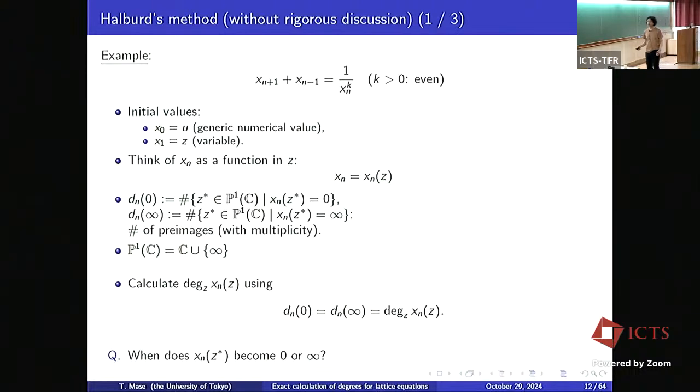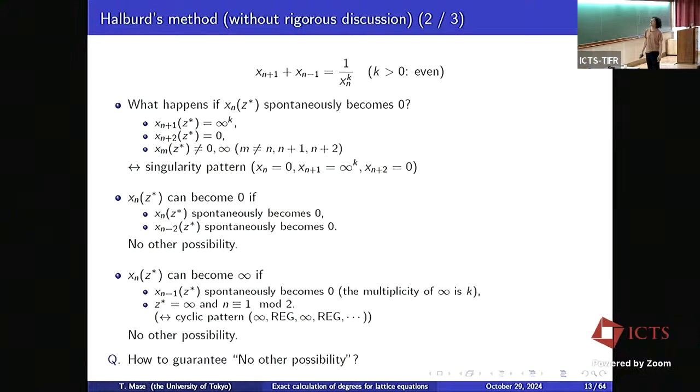So what we have to do is to know when xn becomes 0 or infinity. We have to know all the possibilities. Okay, so let's think about xn spontaneously becoming 0. What happens after that?